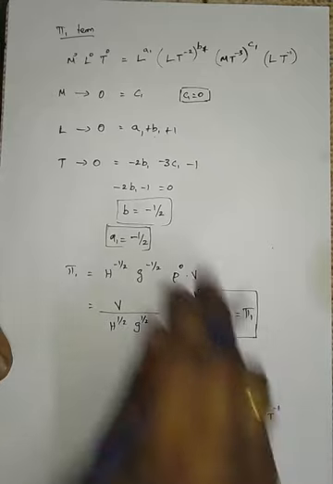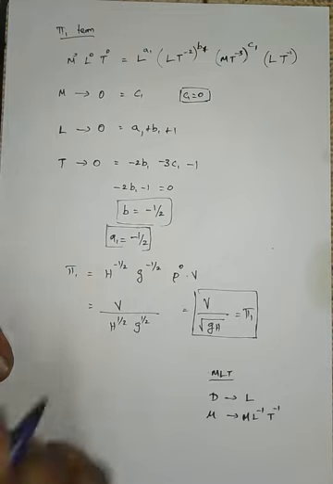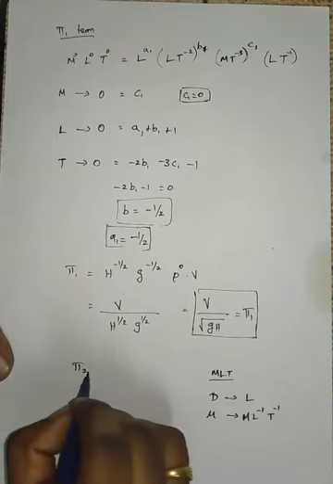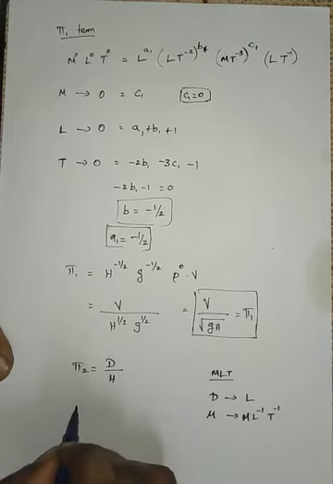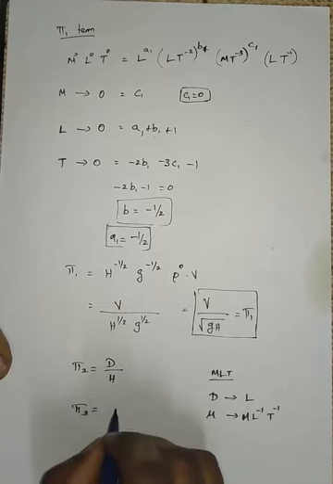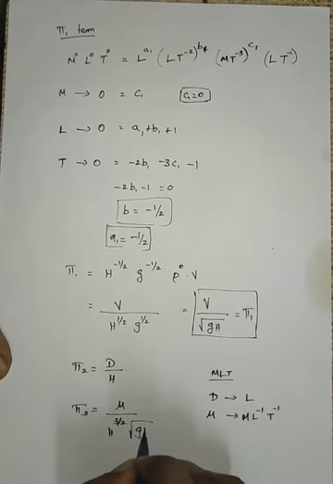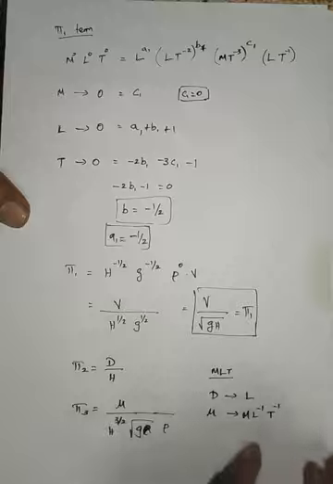Substitute these values here and find the pi 2 and pi 3 values. So pi 2 equals d by h. Pi 3 equals mu divided by h power 3 by 2 into root of g rho. I'm sorry, here this rho will come outside of the square root.